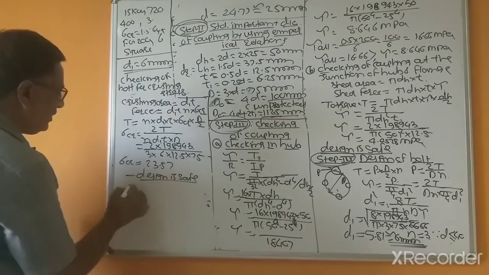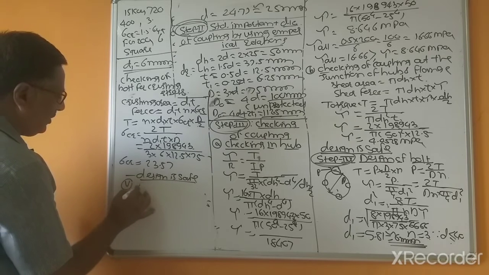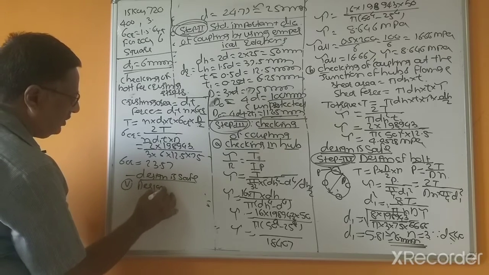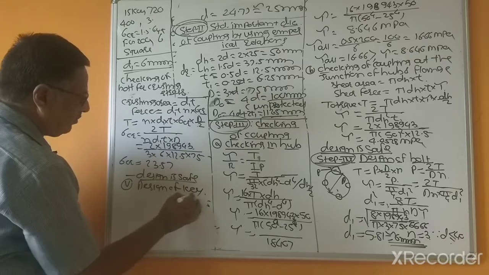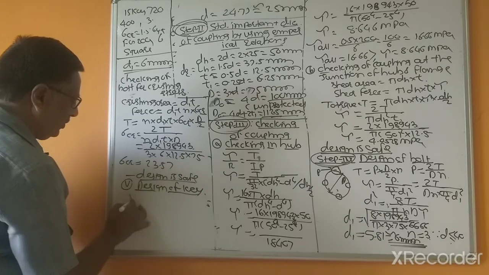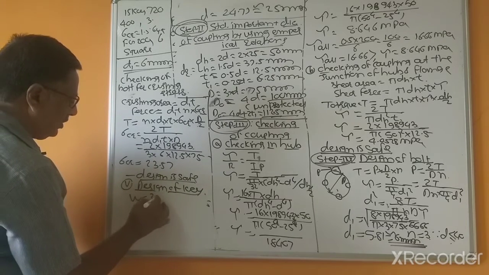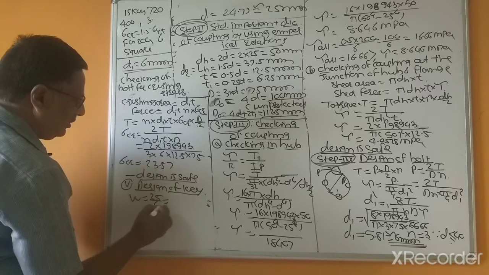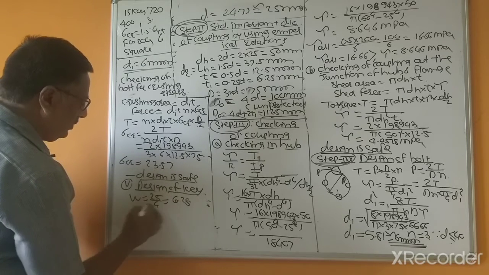Right? So what are the next steps? Fifth step, design of key. Width of the key 25 divided by 4, which is equal to 6.25.